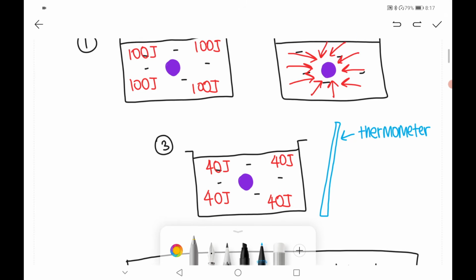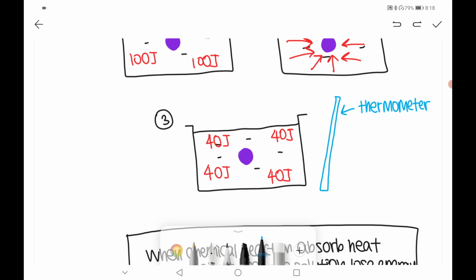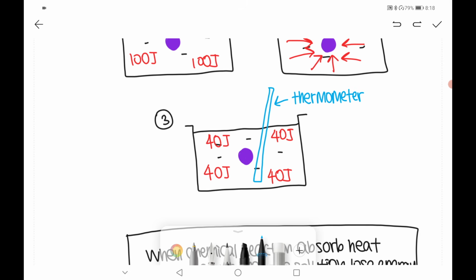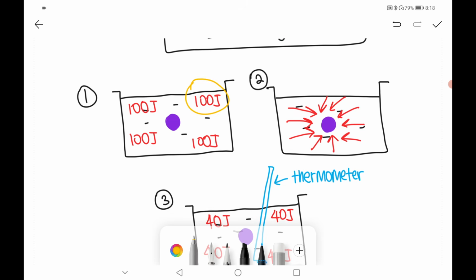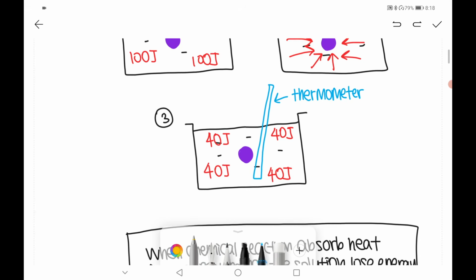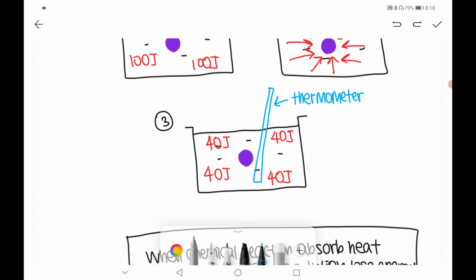Now what about the temperature? If you put a thermometer here, what do you expect you can see? Initially you have 100 joule, now you become 40 joule only. When 100 joule becomes 40 joule, it means what? The surrounding now has less energy, right?